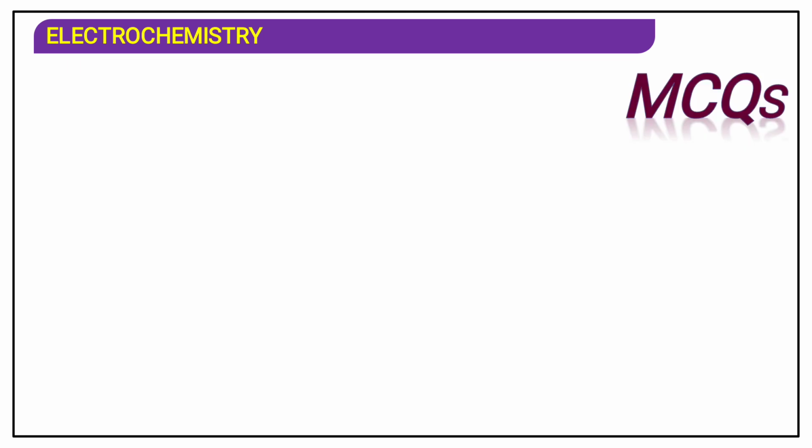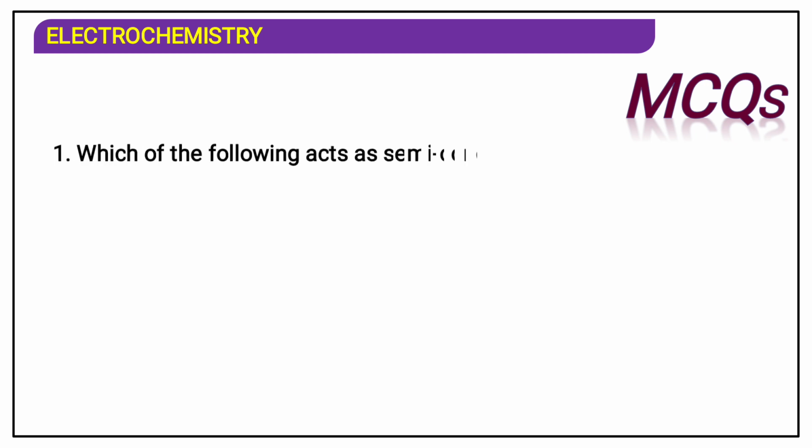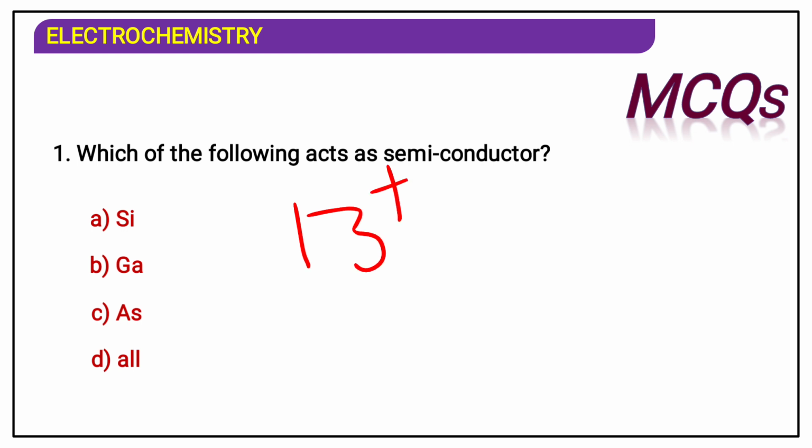So let us go to the MCQs area. There is no application-oriented question to ask in NEET and JEE here. It is possible to ask some in low-level examinations like CET. Which of the following acts as a semiconductor? I think you can easily identify it among the four options. Most of the 13th and 14th group elements belong to semiconductors.